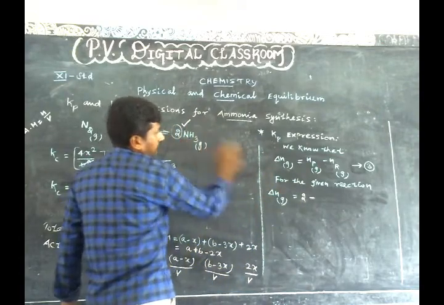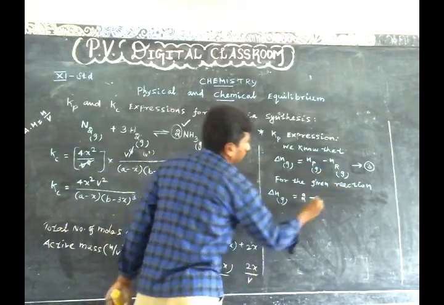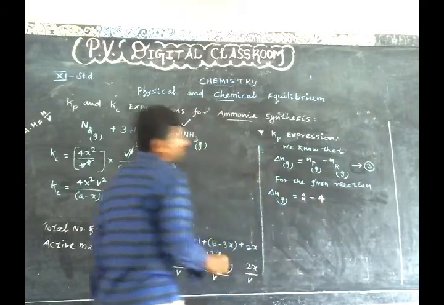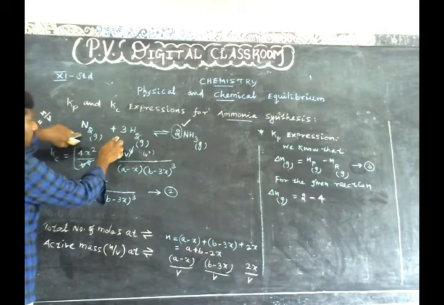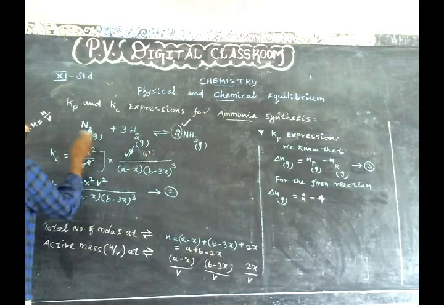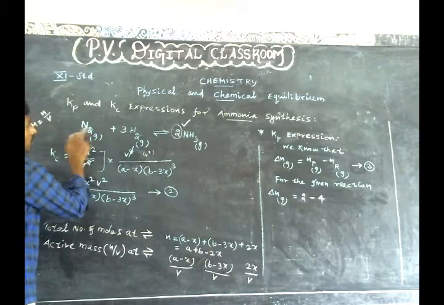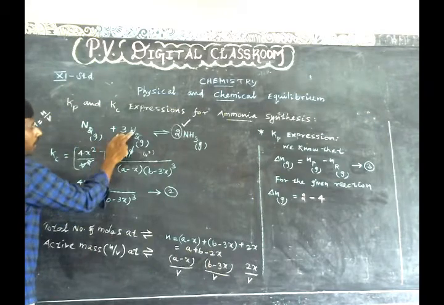For the given reaction, Nrg is 4. This is because in the given reaction, reactants are nitrogen gas and hydrogen gas.